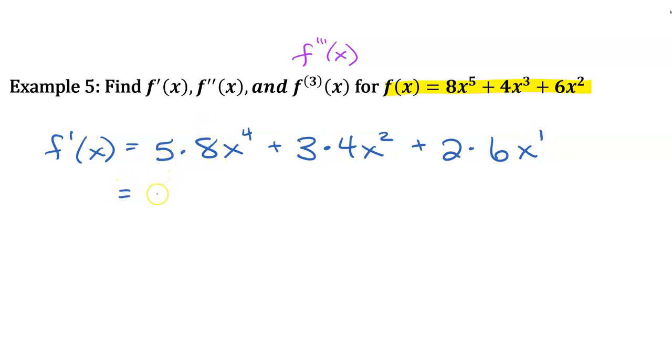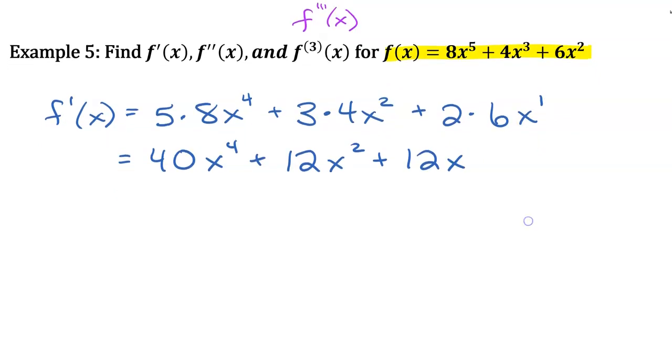So 5 times 8, 3 times 4, and 2 times 6. There we go. And we can leave off that one exponent because we don't like looking at it.